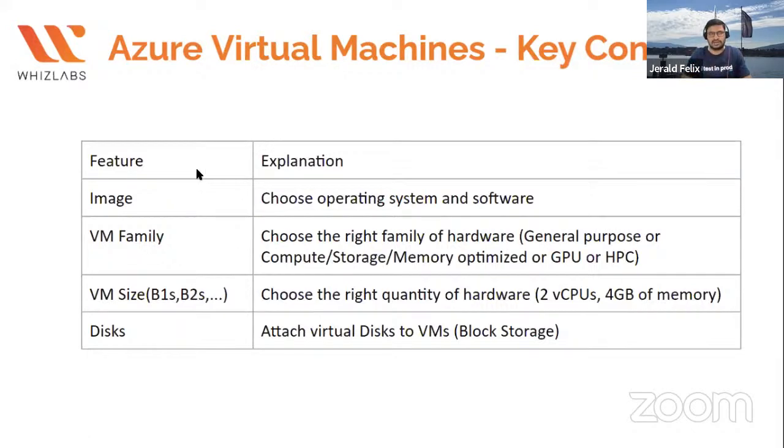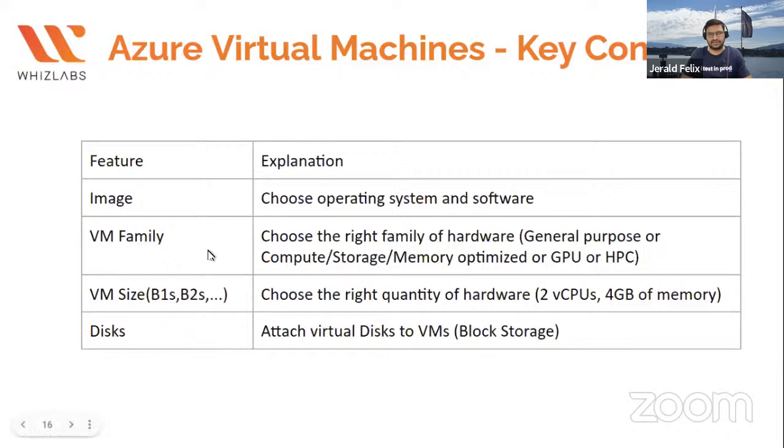So here are the main features we consider. The very first thing is image. Image is the one we saw while creating the Windows Server 2019. It is the operating system which we use for the VM. So it is a mandatory field, and we need to put it in place.